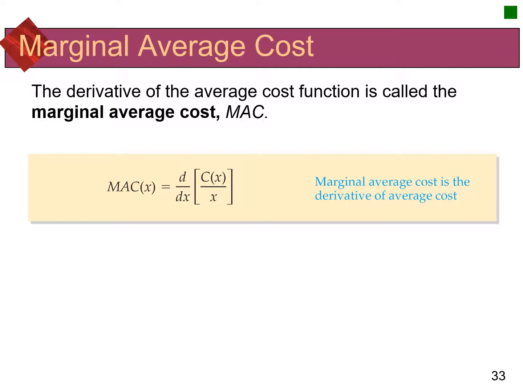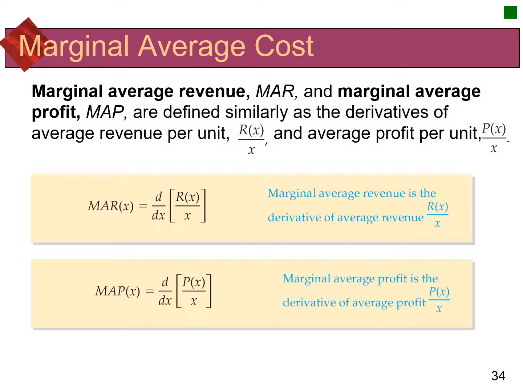The marginal average cost is simply the derivative of the average cost function. Again, the word marginal indicates a derivative. And there is a marginal average revenue and a marginal average profit, in very similar circumstances.